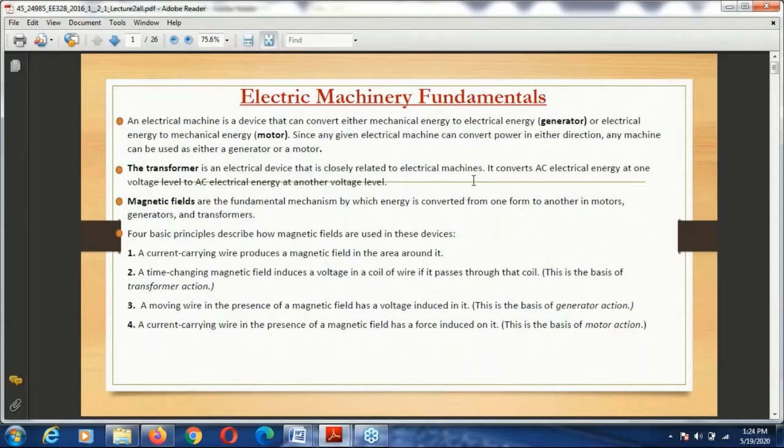Then the electrical machine also encompasses energy conversion from electrical energy to mechanical energy. Those types of machines are called motors. Is it clear to you? That is why in a vehicle, for example, people call a vehicle a motor.